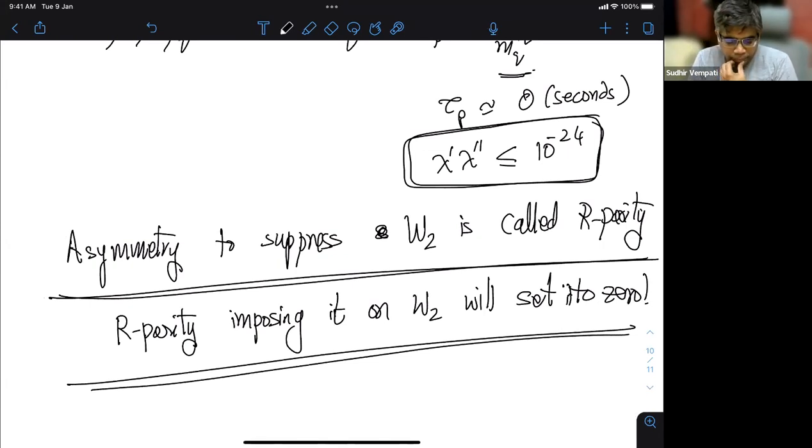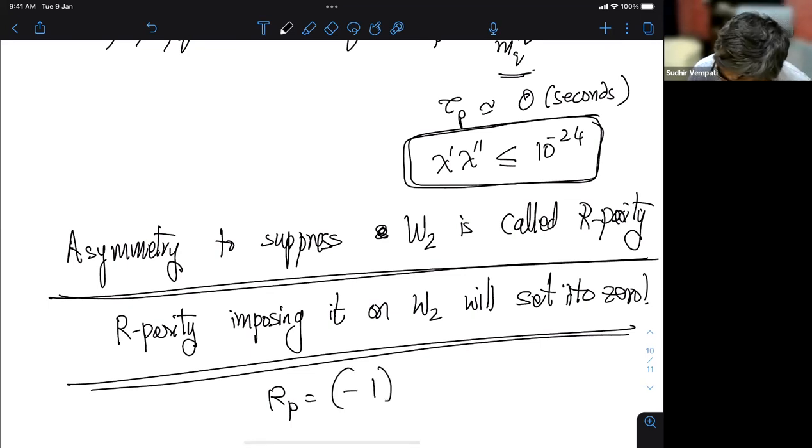For all practical purposes, by imposing R parity, we'll come to the exact form of R parity later. Essentially it's related to baryon number. If I have a discrete symmetry or U1 symmetry, such that R parity is given by (-1) to the power 3B minus L plus 2s on the component fields.